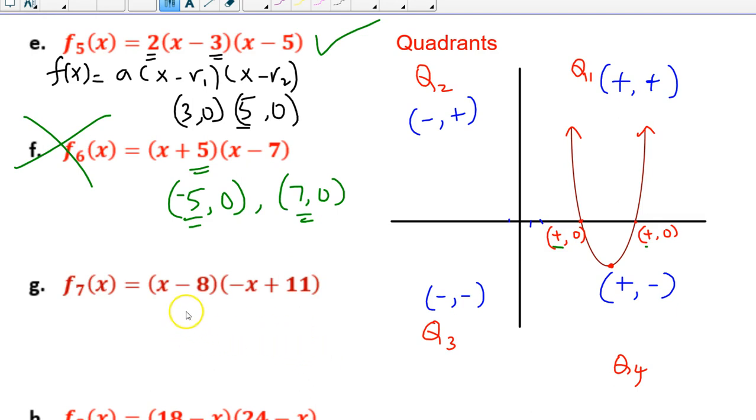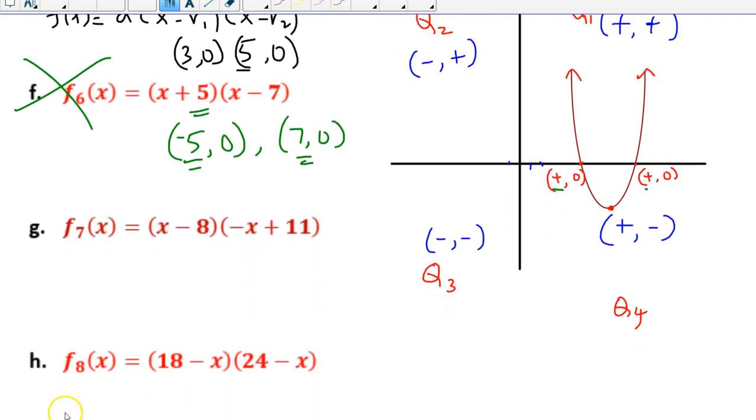Okay, now going to this one. x minus 8 times negative x plus 11. It is something here, negative x plus 11. How do you handle that? This is a special case. In the second factor, I am seeing that it is negative x plus 11.